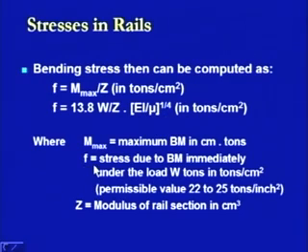This F, the stress, is due to the bending moment immediately under the load W tons, in tons per centimeter square, and it has a permissible value of 22 to 25 tons per square inch. That is another unit. We will look at the SI units at later stages, where the specifications related to the stresses are summarized and noted down.